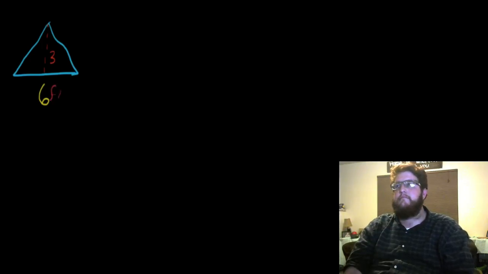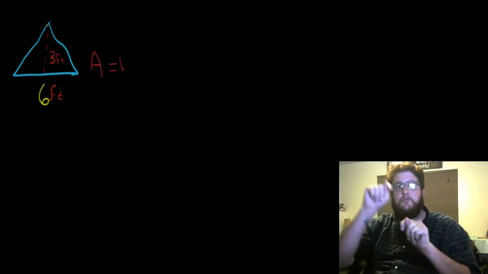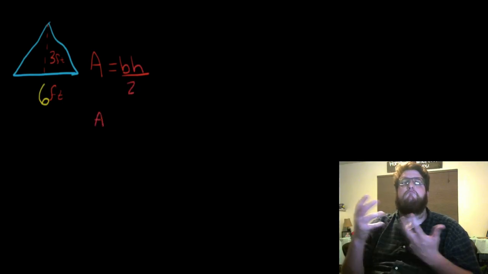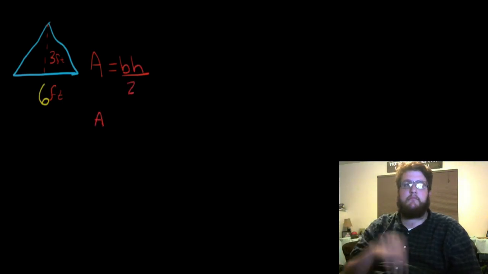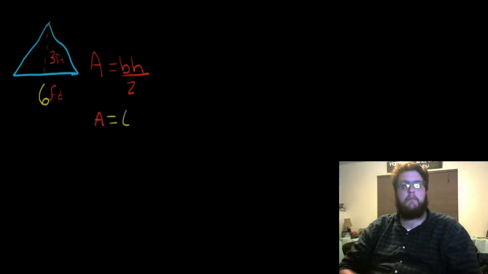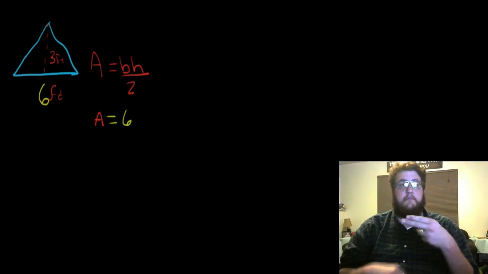So what we need to do is use our area of a triangle formula, which, if you recall from class, is area equals base times height divided by 2. And instead of the base, we'll plug in our 6 feet. And instead of the height, we'll go ahead and plug in 3, since that is our height.